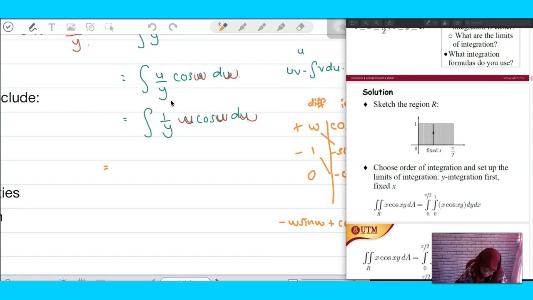Okay, so then you have 1 over y, so your result there is negative w sine w plus cos w.